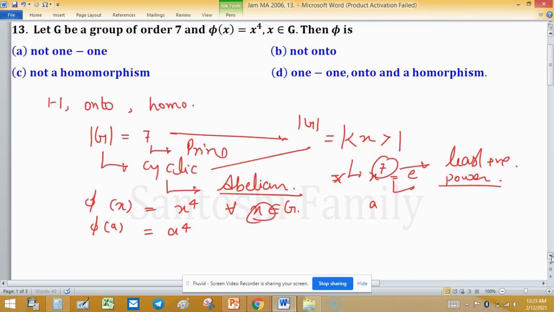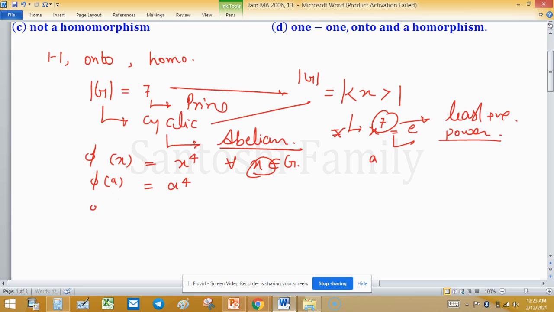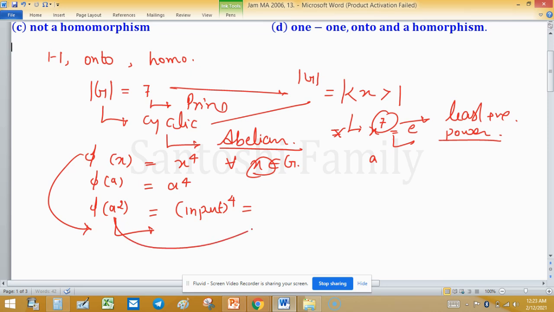For phi of A square, the input is A square and phi raises the input to the power 4. So A square raised to the power 4 gives A raised to the power 8, which can be written as A raised to the power 7 into A, and this is nothing but E times A, so it is A.